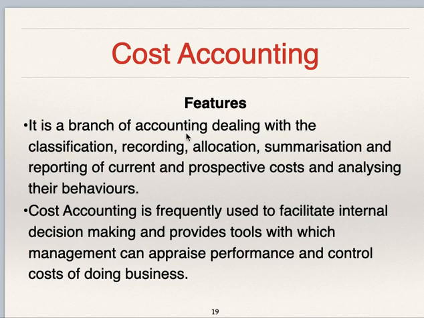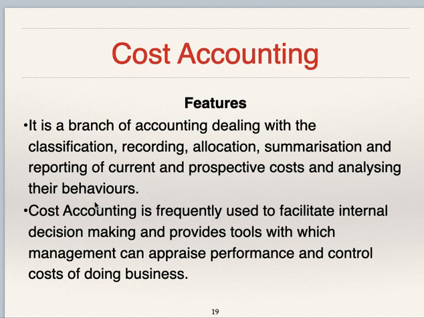It is a branch of accounting dealing with classification, recording, allocation, summarization, and reporting of current and prospective cost and analyzing their behavior. So, cost accounting is a branch of accounting. Here also, various documentary evidences, invoices are used.